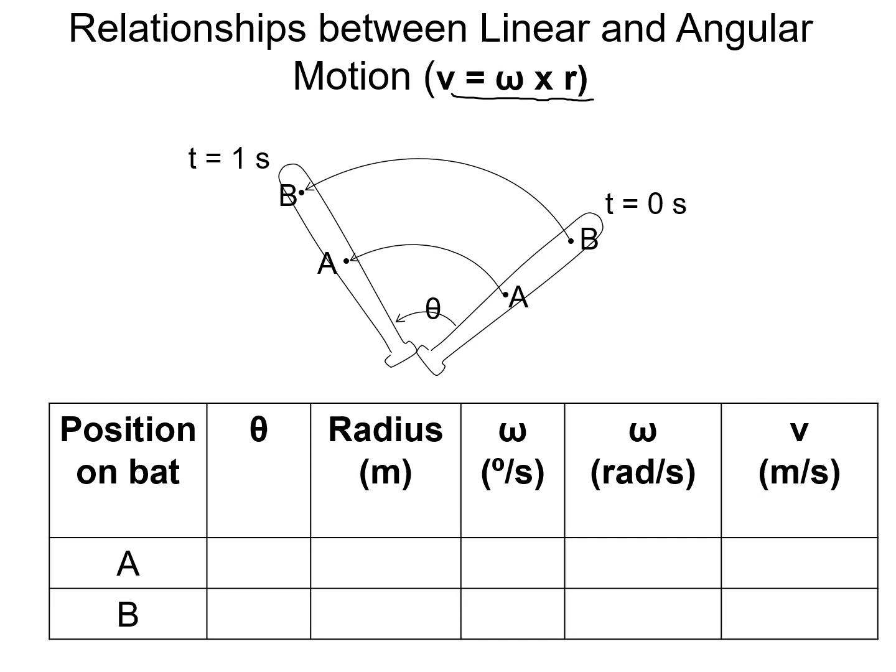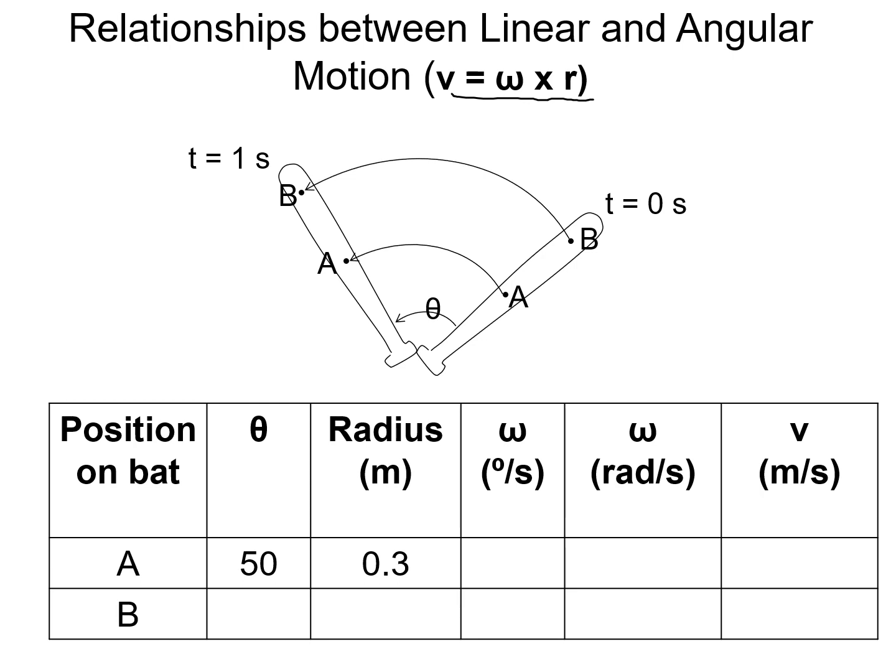A bat is swung from point A to point B in approximately 1 second. For point A, the bat has an angle of 50 degrees and a radius of 0.3 meters.